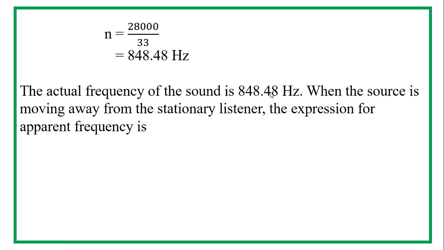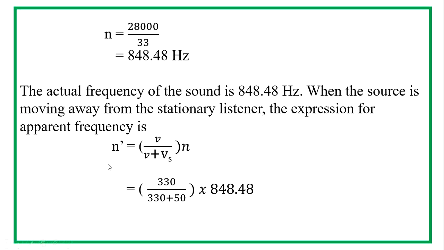The actual frequency of the sound n is 848.48. Now when the source is moving away from the listener, the expression for apparent frequency is n dash is equal to V by V plus Vs into n. Now what is V? 330 by 330 plus Vs is 50, into the frequency 848.48. When we add 330 plus 50 we get 380, into 848.48.